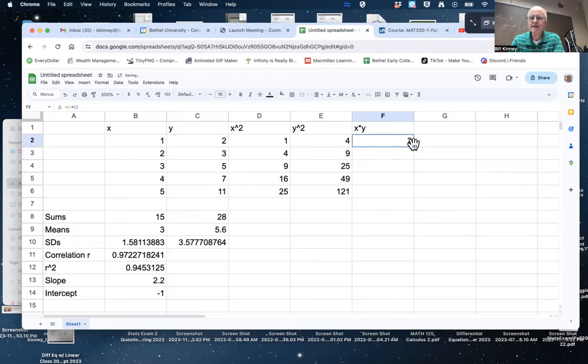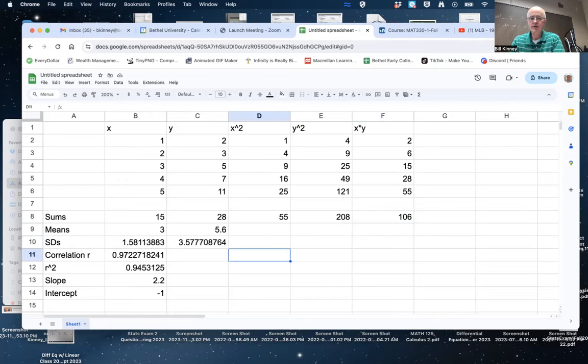There we go. Copy and paste that downward. For example, 55 is 5 times 11. If you think about the regression formulas for the slope in the book, it's going to be useful to sum up these numbers as well. So I copied and pasted the sum formula over to these spots.